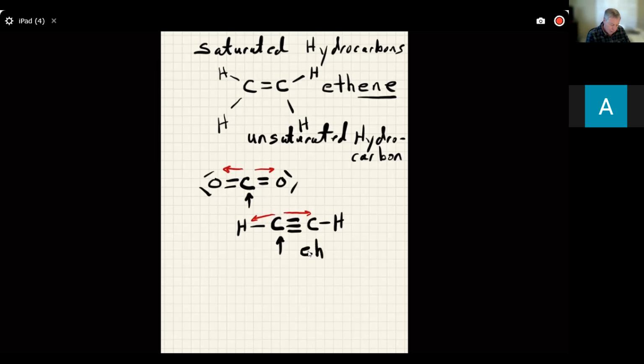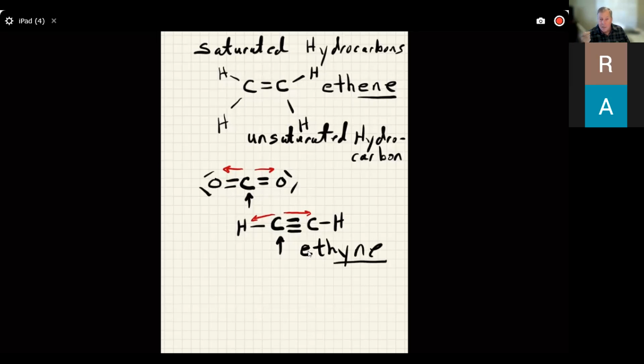Oops, sorry, my eraser. YNE. So that's how you can tell. If the ending is ANE, you always have single bonds. Double bond, ENE, triple bond, YNE.